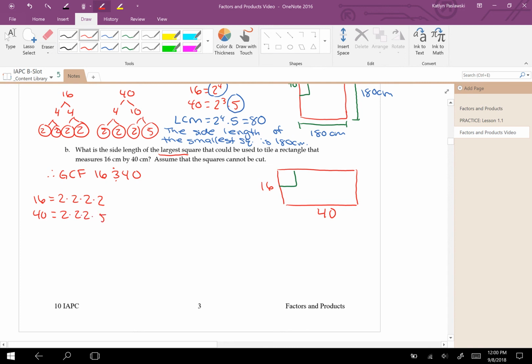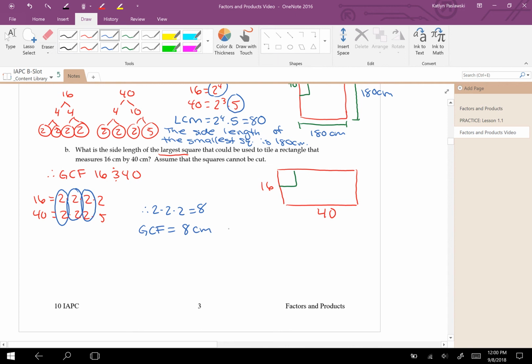To determine the greatest common factor between those numbers, that is the numbers multiplied together that are common. So the only ones that are common are 2, 2, and 2. So therefore, 2 multiplied by 2 multiplied by 2 is equal to 8. So the greatest common factor is equal to 8 centimeters.